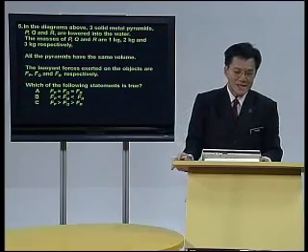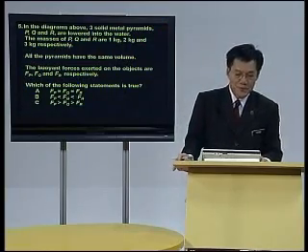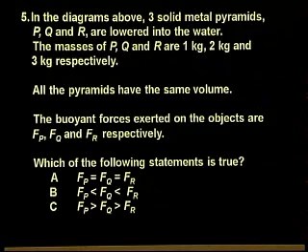Okay, let's read the question again. I have summarized it for you. In the diagrams above, three solid metal pyramids, P, Q, and R, are lowered into the water, completely immersed. The masses of P, Q, R are 1 kg, 2 kg, and 3 kg respectively. But all the pyramids have the same volume, every one of them.